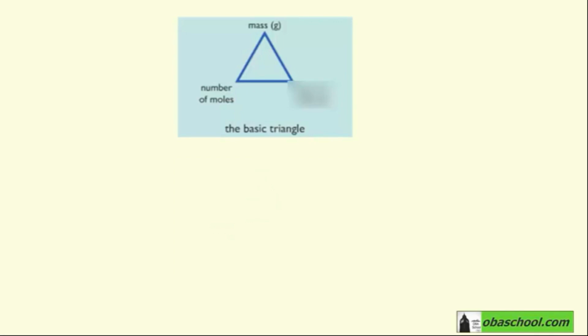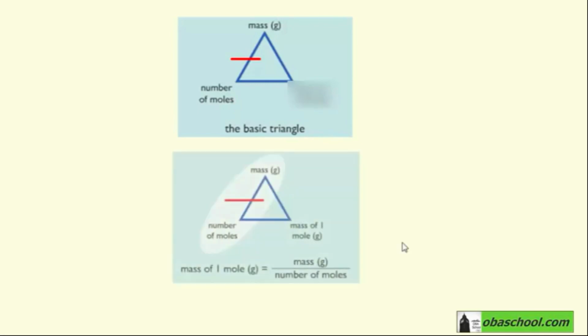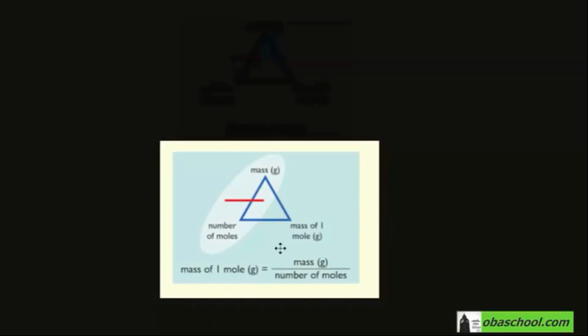And as we did before, I'll put a dash between them. So the mass of 1 mole equals the mass divided by number of moles. This formula is found in our books. Mass of 1 mole equals mass in grams divided by number of moles.